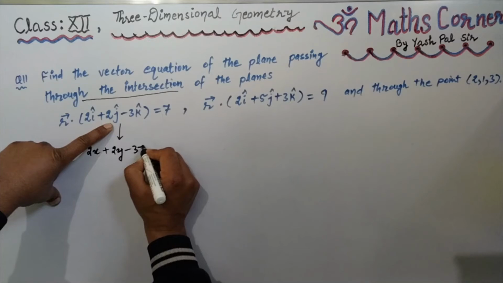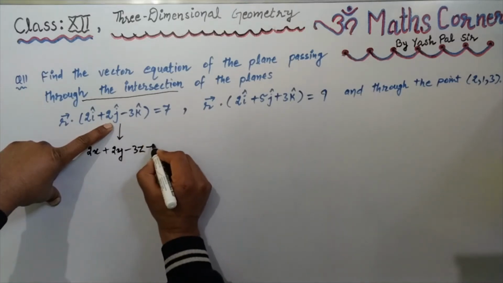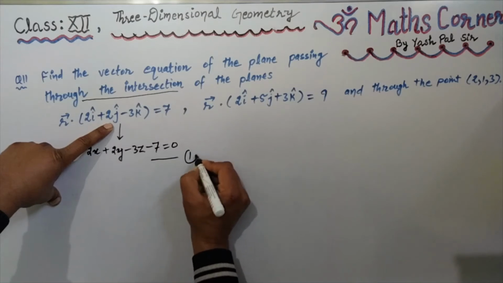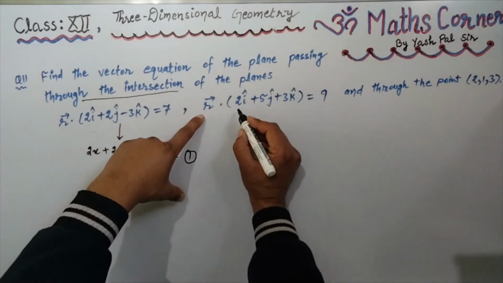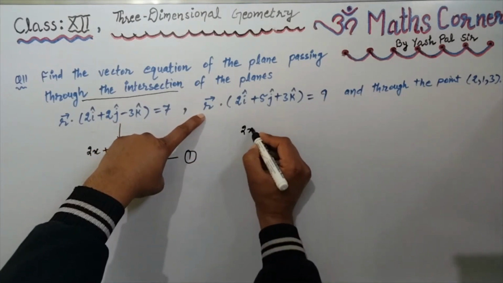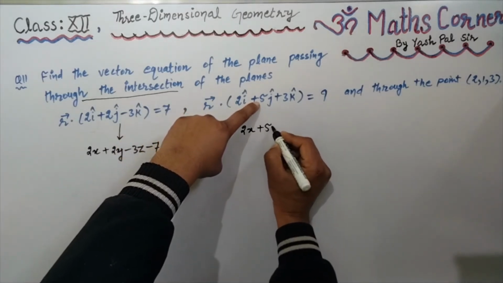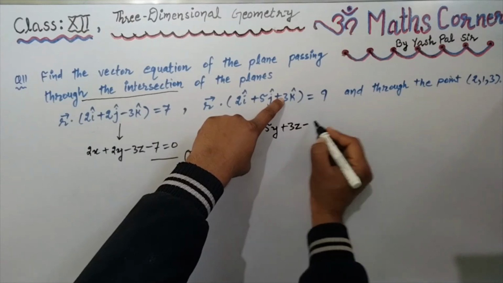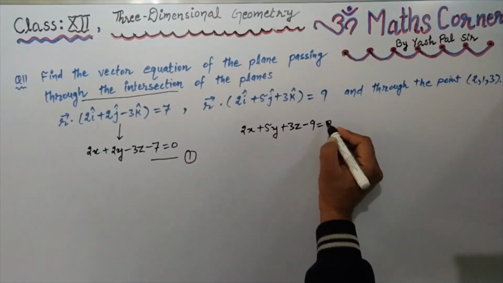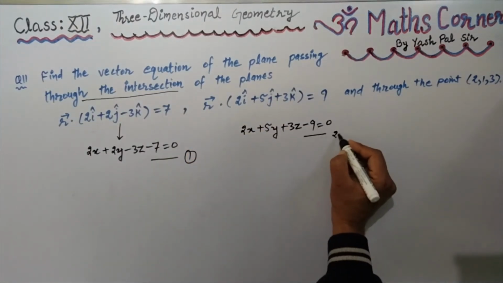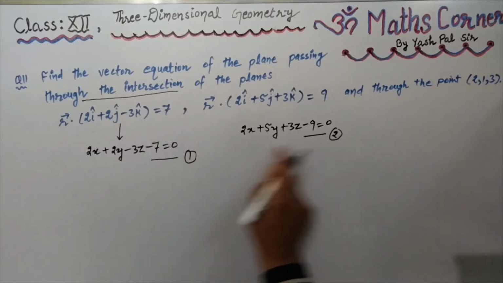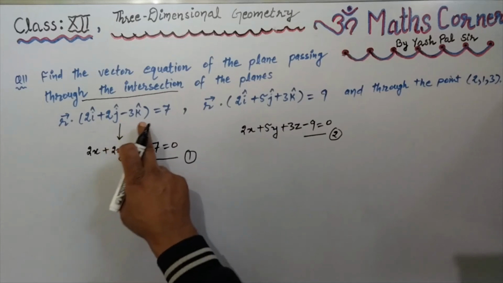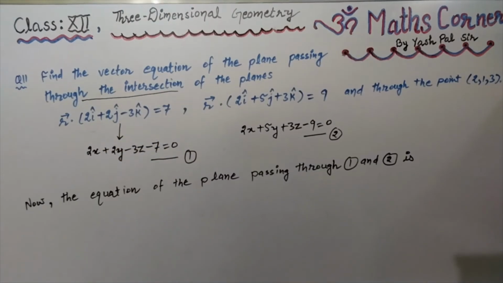First of all, we convert this vector form into Cartesian form. This becomes 2x + 2y - 3z = 7, meaning 2x + 2y - 3z - 7 = 0. This is plane 1. Similarly, 2x + 5y + 3z = 9, so 2x + 5y + 3z - 9 = 0.